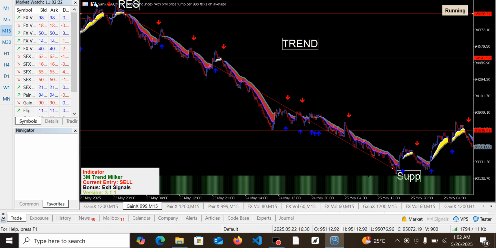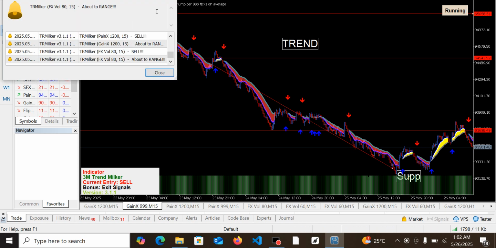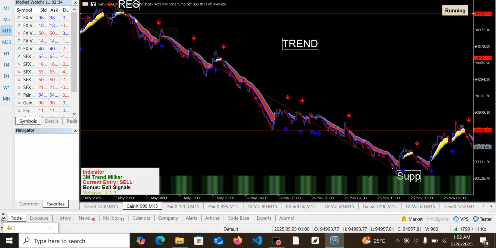This time around, it was unable to break out above the resistance. It tried two times, and since it was unable to break out above it, it changed the direction of the trend into a downtrend. That is why we are seeing this red flag. Can you see the red flags? The red flag is indicating a downtrend.